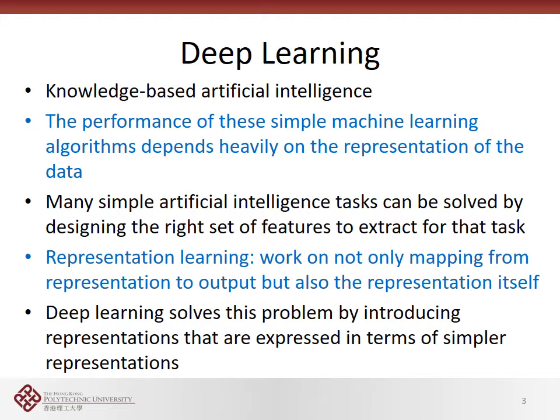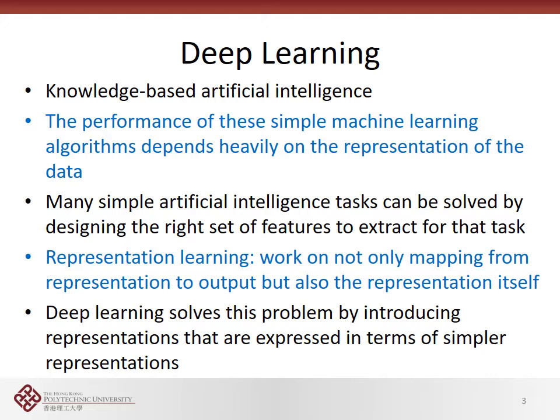Many simple AI tasks can be solved by designing the right set of features to extract for that task. However, for some complicated tasks such as image processing or analysis, it is quite difficult to design the features, to design the representation. So in such a case, a research direction called representation learning was proposed.